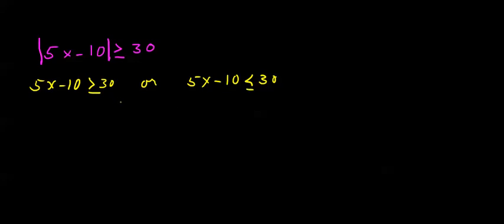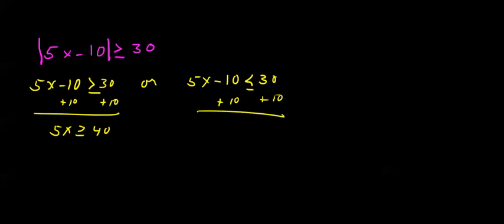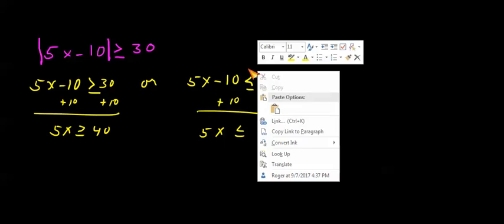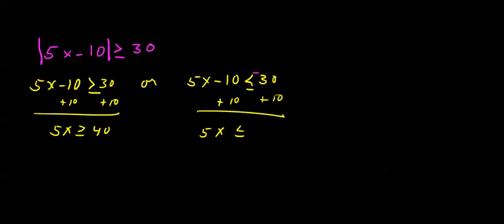Now I solve these two inequalities. Plus 10, and I can do the same thing here, plus 10. 5x greater than or equal to 40. 5x less than or equal to, oh, bad mistake. That's a negative there. That's negative 30.